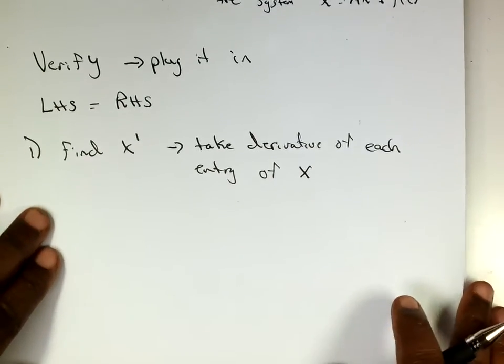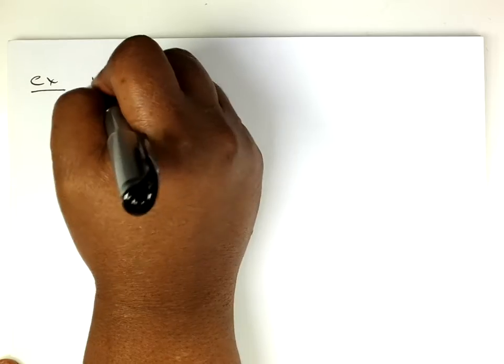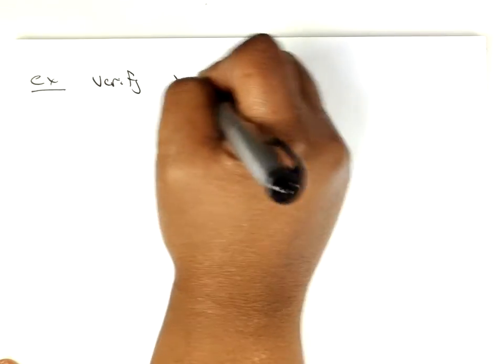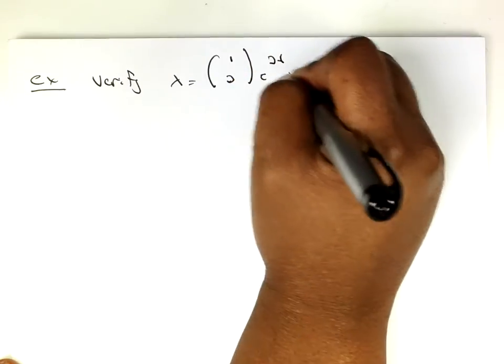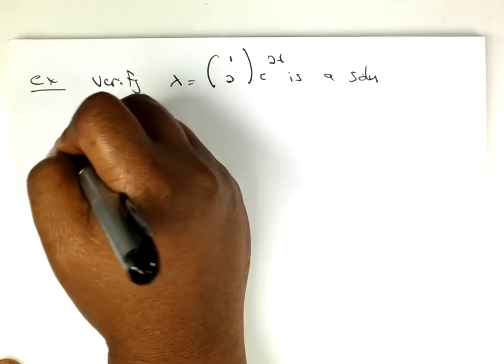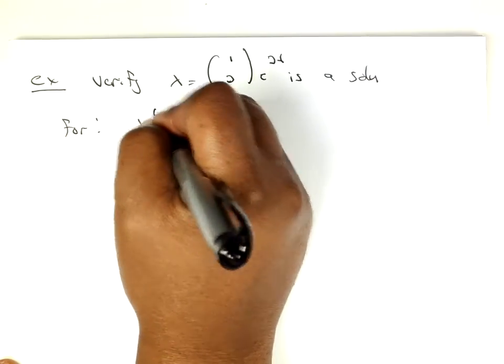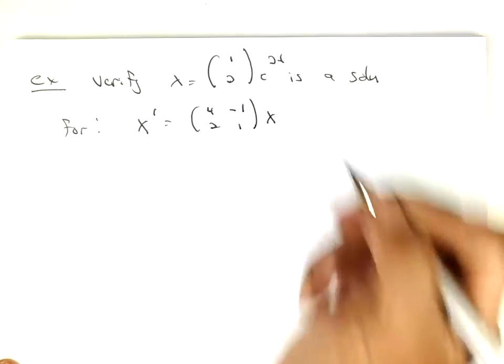Okay, so we want to verify x equals (1, 2) e to the 2t is a solution for the system x prime equals the matrix (4, -1; 2, 1) times x.